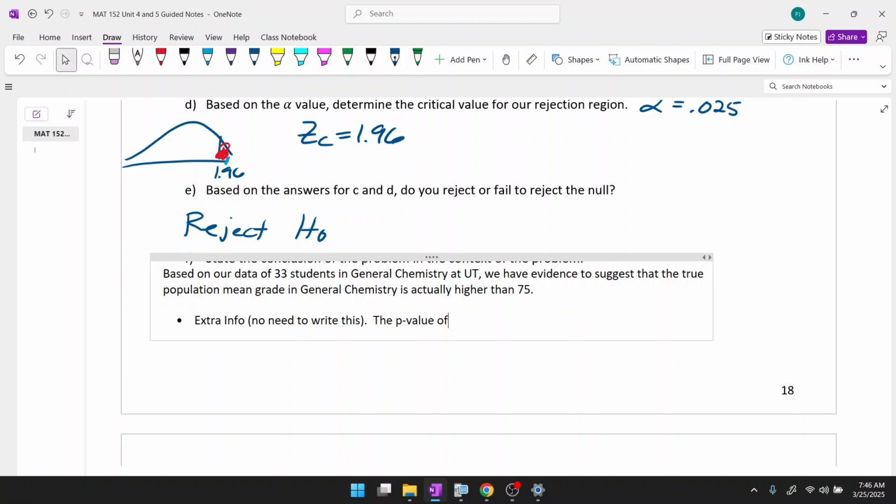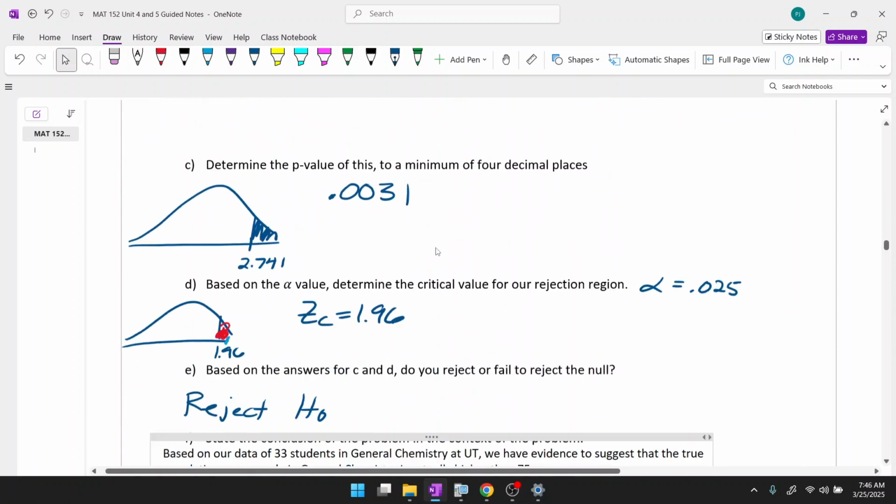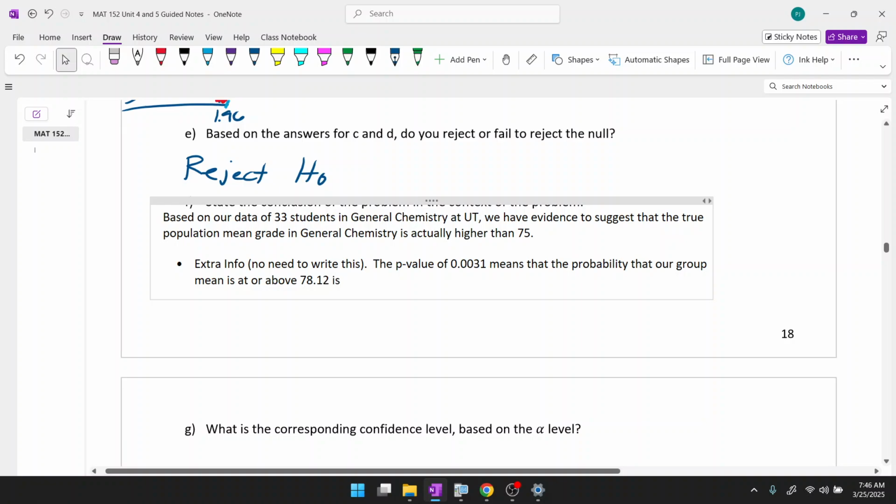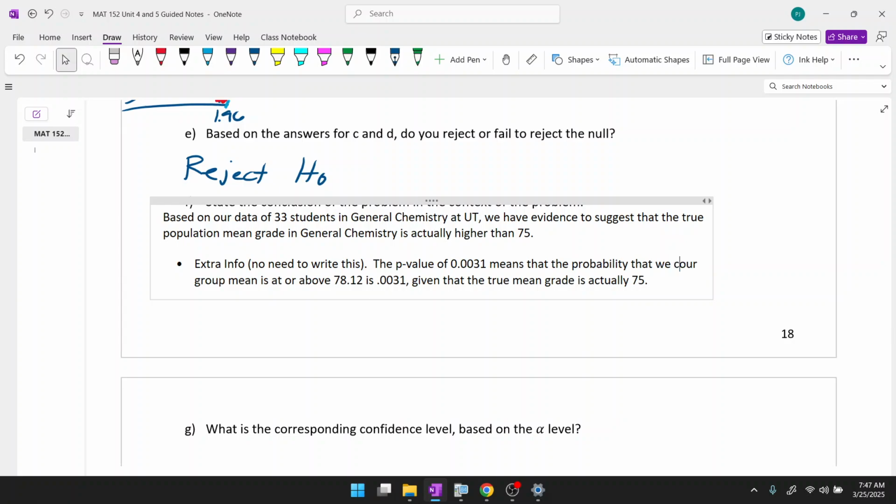The p-value of 0.0031 means that the probability that our group mean is at or above the sample mean, 78.12, is 0.0031, given that the true mean grade is actually 75.